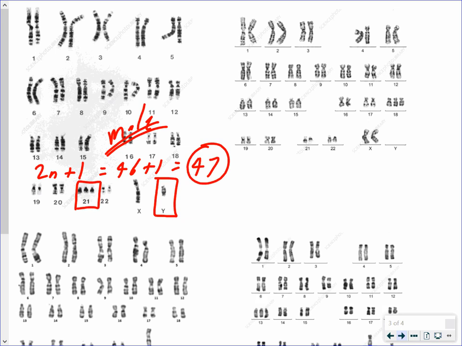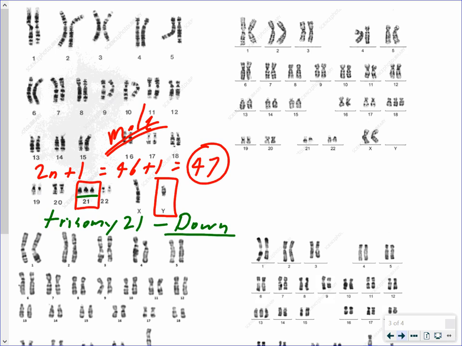So this particular case here, where there is an extra 21st chromosome, because there are 3 of them, is referred to as a trisomy. And we just indicate what the number is. So this would be a trisomy 21. But this is also referred to as Down syndrome. So Down syndrome, extra 21st chromosome.